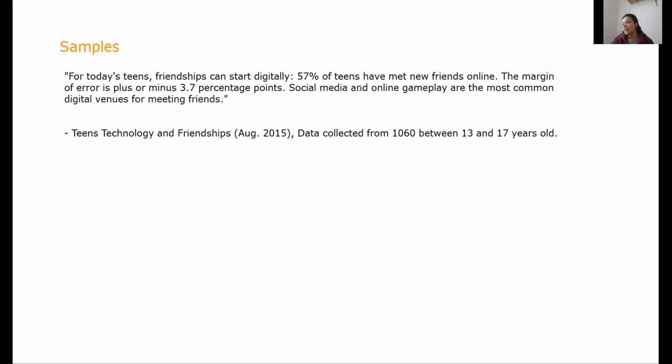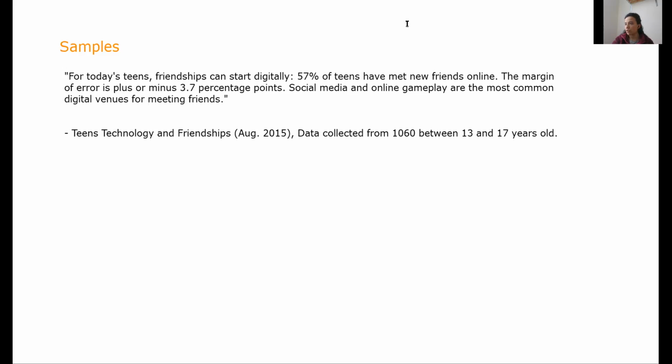And then social media and online gameplay are the most common digital venues for meeting friends. So this is a study that was conducted by a research company on teens between the ages of 13 and 17 years old. And there were 1,060 teens that were surveyed.